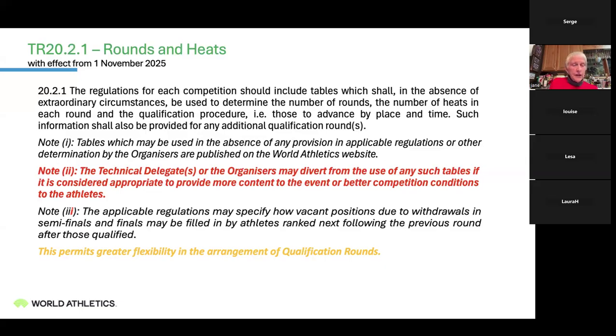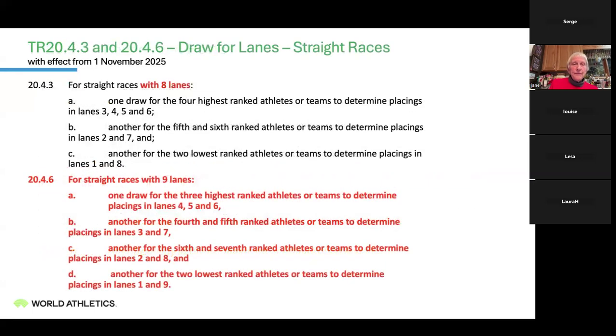Not a major change, but now more and more tracks around the world have 9 lanes. And there is a bit of confusion as to how the lane draws work if you've got 9 lanes. I think we're all clear that when at all possible with 9 lanes, we don't use lane 1 at all.